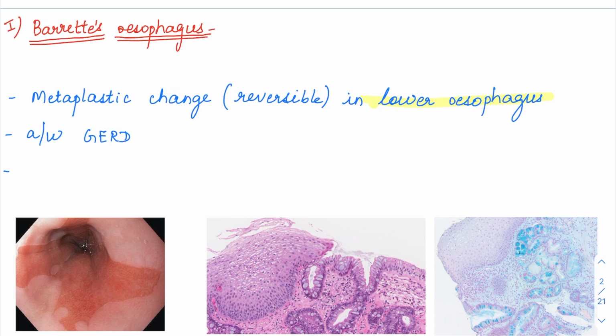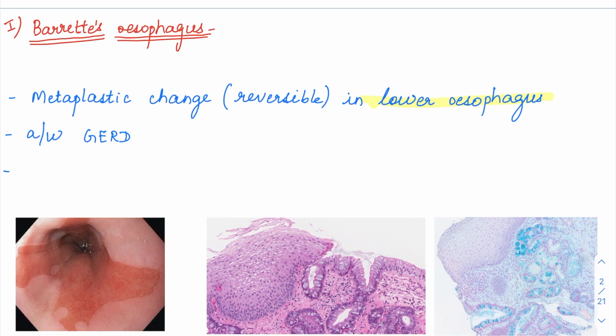Why? Because intestinal linings usually have goblet cells, which produce mucus. So mucin is going to protect against this acid. In order to counteract this acid irritant in the lower esophagus, the esophageal lining undergoes metaplasia into an intestinal lining. This is what we call Barrett's esophagus.